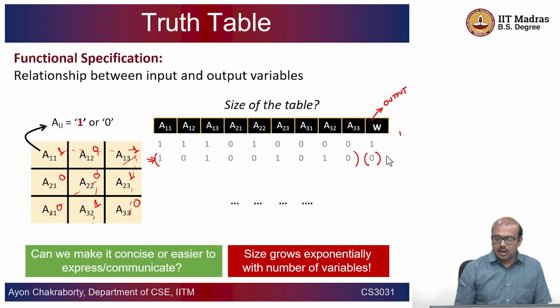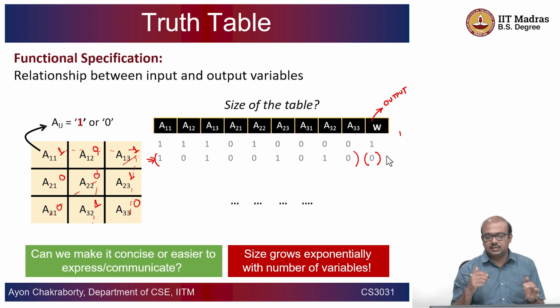Okay, so as you can see, what is going to be the size of the table? This is a pretty exhaustive job, right? The functional specification is going to be encoded in the truth table, and the number of rows in the truth table can be pretty large.